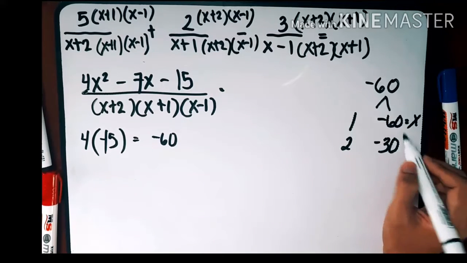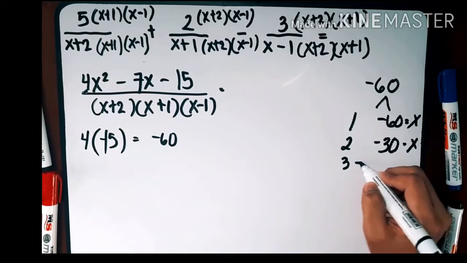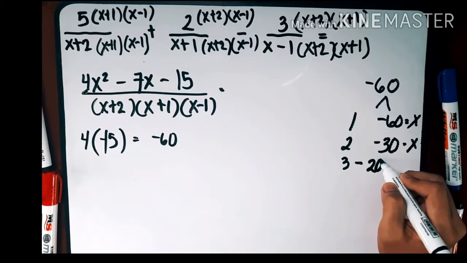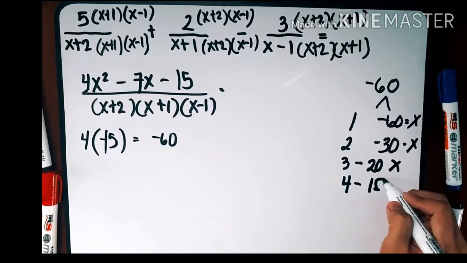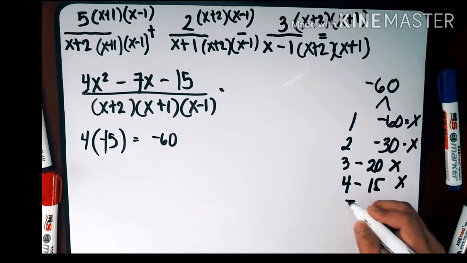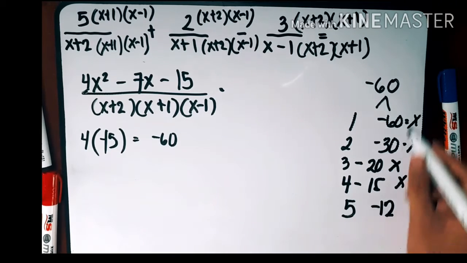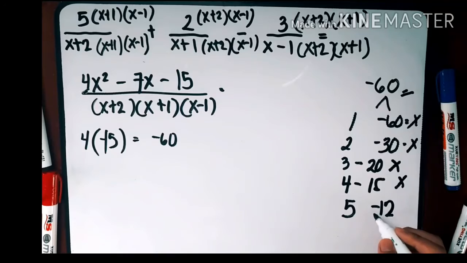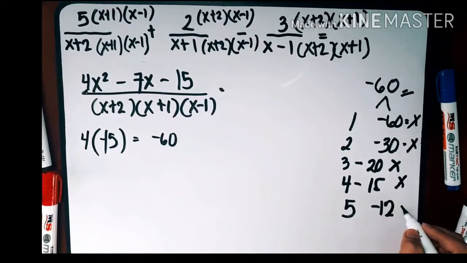Pag pinagsama, hindi rin siya negative 7. How about 3 and negative 20? No. Could be 4 and negative 15. Hindi rin siya pwede. But if gagamitin natin yung 5 and negative 12, negative 12 multiplied by 5 is negative 60, while negative 12 plus positive 5 is negative 7. So, pwede natin siyang gamitin. Okay?